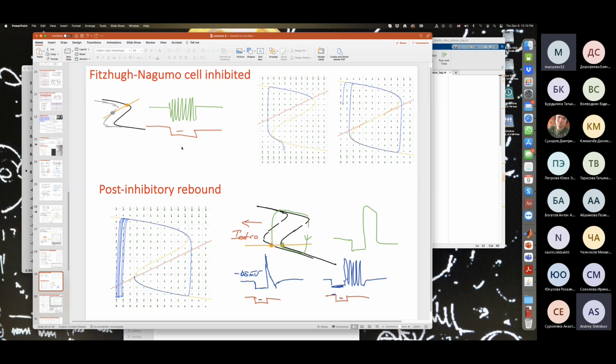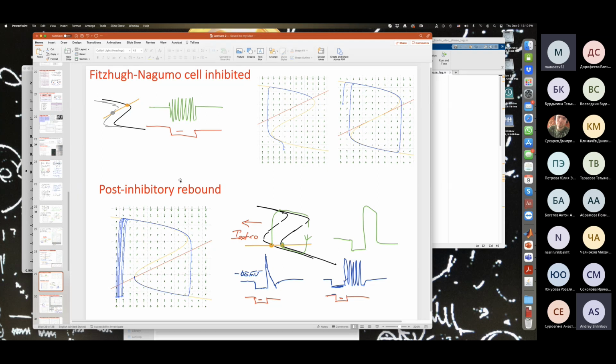On the other hand, this is another interesting example. How can I get oscillations by applying a negative pulse? This is an interesting phenomenon known in neuroscience. It's called post-inhibitory rebound. Let me draw a parallel, and I mentioned that last time.